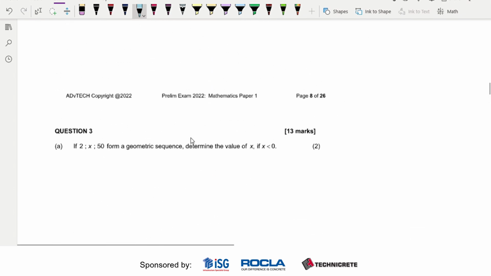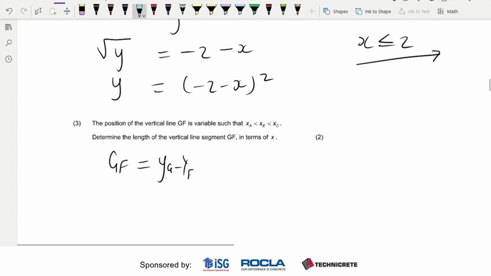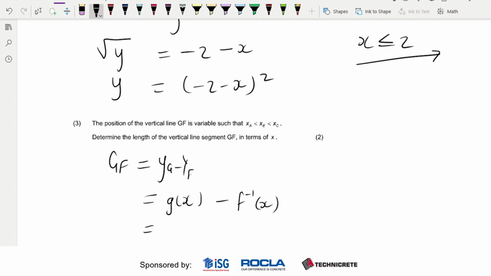So we can write this as g of x minus the inverse of f.